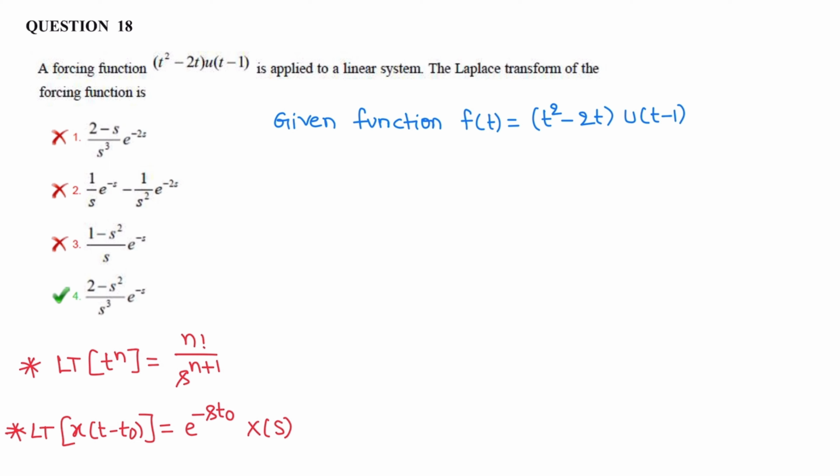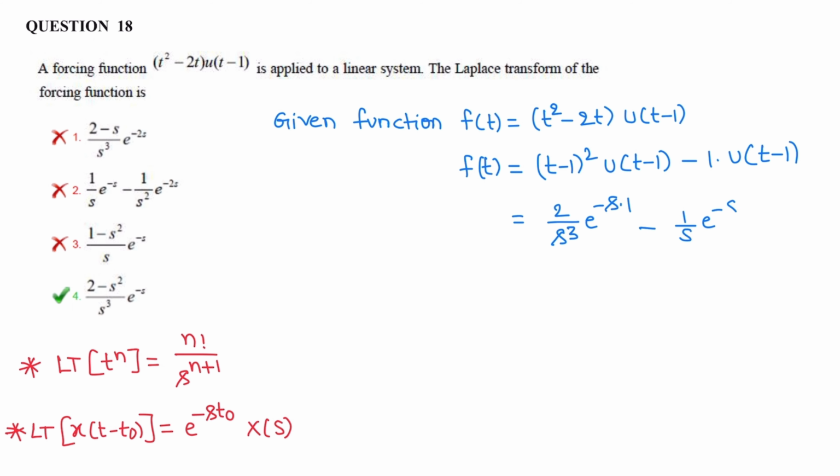f of t is (t square minus 2t) u of (t minus 1). It can be rewritten as f of t is equal to (t minus 1) whole square u of (t minus 1) minus 1 into u of (t minus 1). Now apply these two formulas. For (t minus 1) whole square, that is t square, it is 2 factorial by s cube times e power minus s t naught, that is e power minus s into 1, minus the Laplace transform of 1, which is 1 by s times e power minus s into 1.